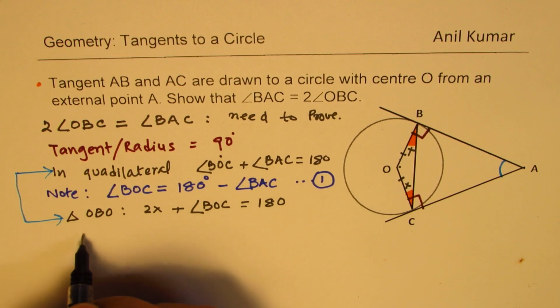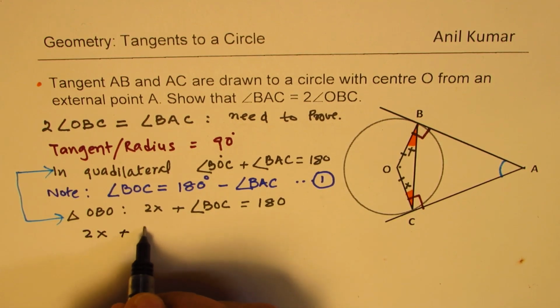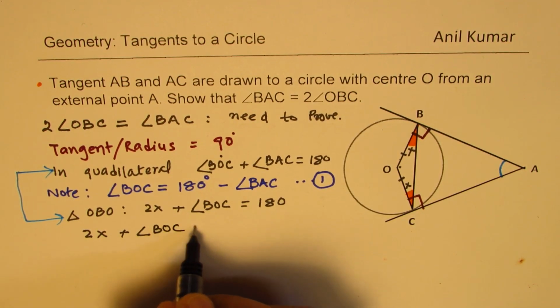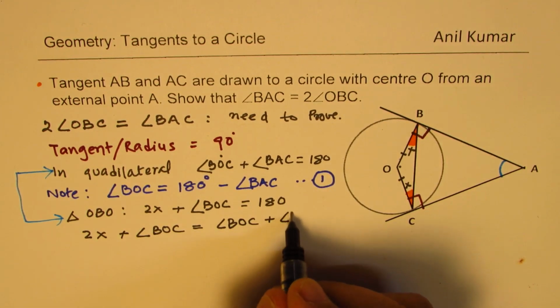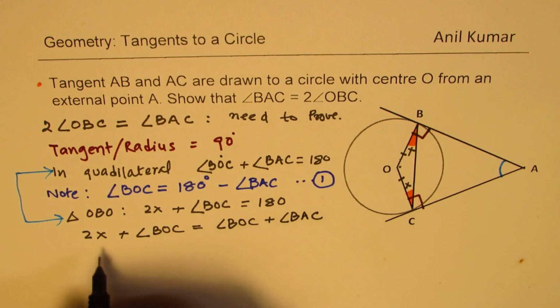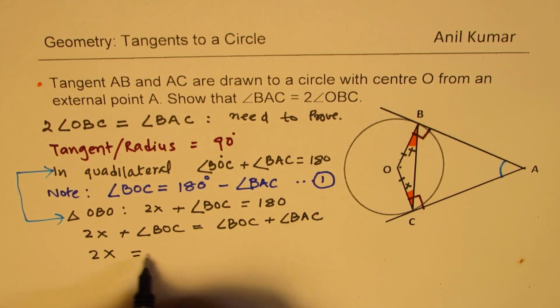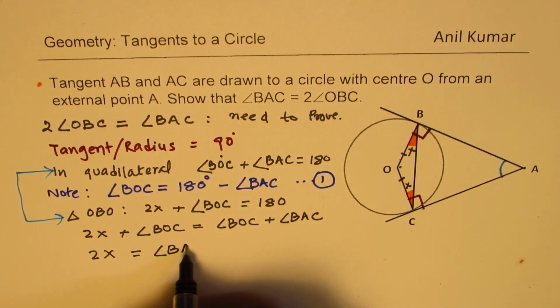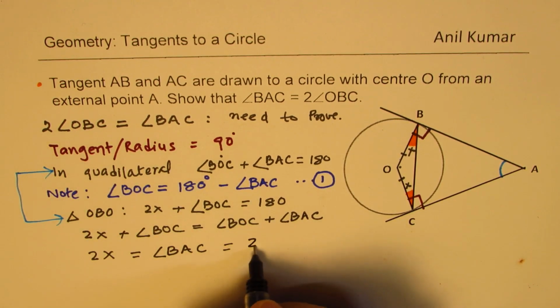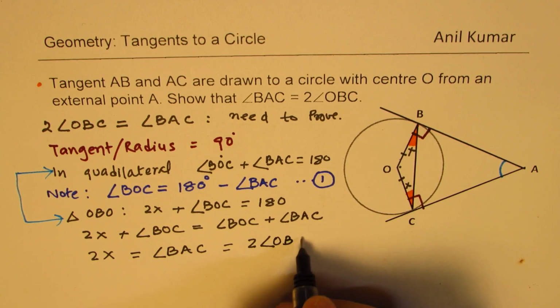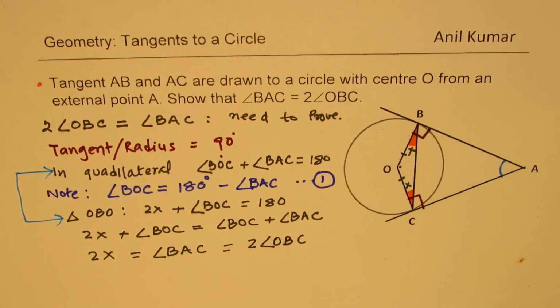That means that I can write this as 2x plus angle BOC is equal to angle BOC plus angle BAC, right? Clearly, 2x is equal to angle BAC. So 2x means 2 times angle OBC, so we just in short use the word x. That is kind of important to understand. So we learned two things.